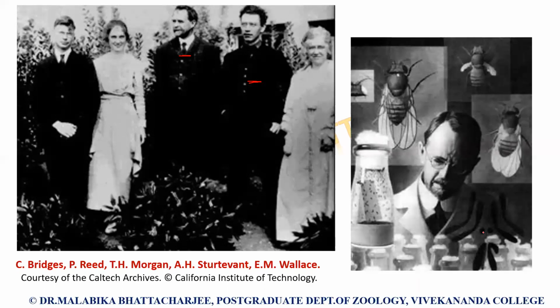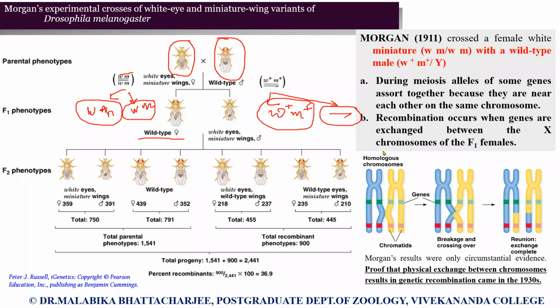The first experiment was done in 1911 by Morgan himself. However, Morgan couldn't directly give us experimental evidence that genetic exchange is occurring. What he provided was circumstantial evidence. He hinted that indeed chromosomal exchange is occurring between two genes in meiosis, resulting in a recombinant gamete.